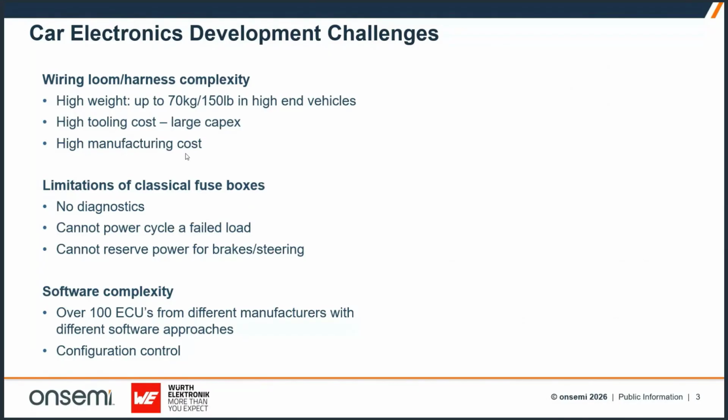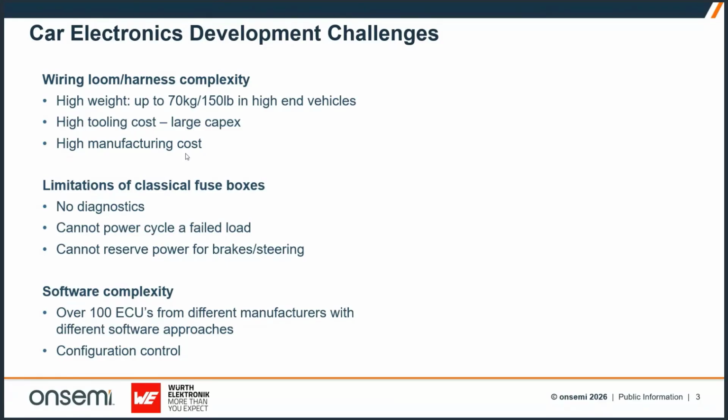Then we had classical fuse boxes. Fuse boxes have no diagnostics. You can't power cycle a failed load. I'll give you one example of a car with a rear camera, and the rear camera failed just as I was trying to charge it. It's an EV, right? I was backing up, and the rear camera wasn't working, so I had to do the old way of looking outside, looking at the windows to park it.